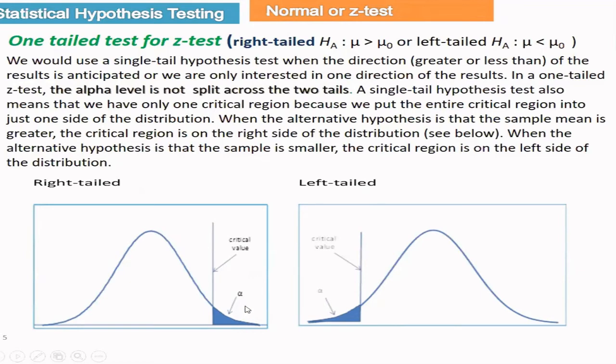If the level of significance is 5%, it will be 5% for the left tail and also for the right tail. Just remember, for the left tail, the critical region will be on the left side, and for the right tail, the critical region will be on the right side. For the left tail, Z will normally be negative. For the right tail, Z will be a positive value. Okay, we'll do it in detail with a practical example.